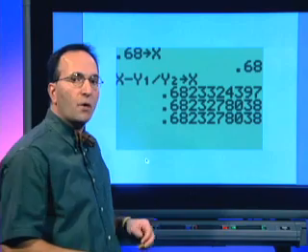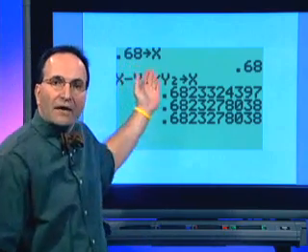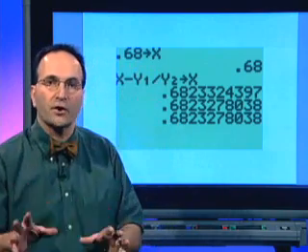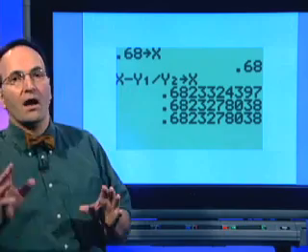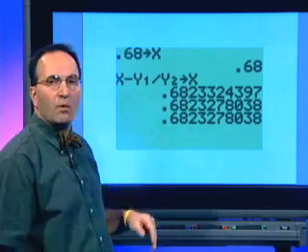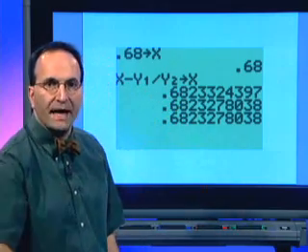Let's take that equation and plug in. In a moment, you'll see where I came up with the 0.68, but that's what I stored in for the first approximate value of x. Then I plugged into the calculator x minus y1 divided by y2 and said, when you get that answer, store it back into x.